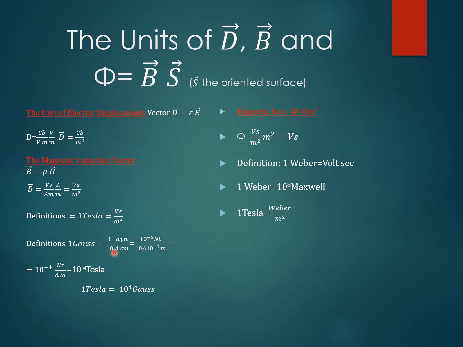And 1 Tesla is equal to 10 to the 4th Gauss, where the unit of the Gauss system is 1/10 dyne over ampere and centimeter. Now for the magnetic flux, we have 1 Weber equals volt times second, and 1 Weber is 10 to the 8th Maxwell, and 1 Tesla is Weber over meter square.